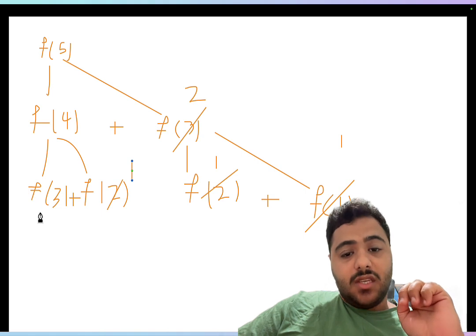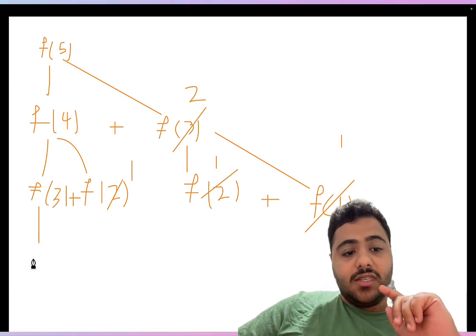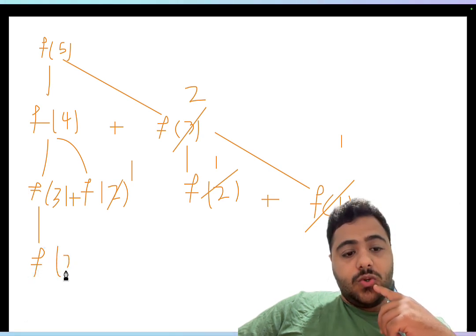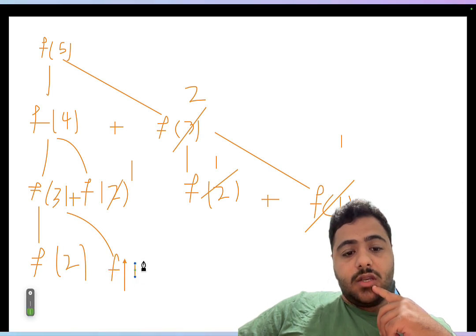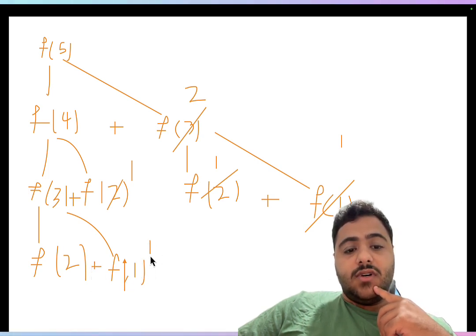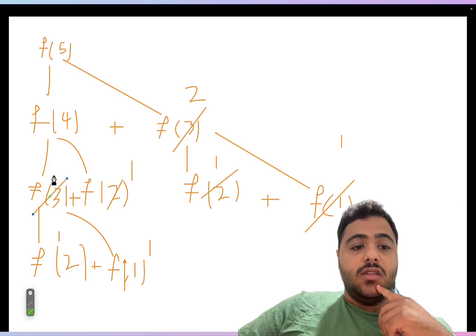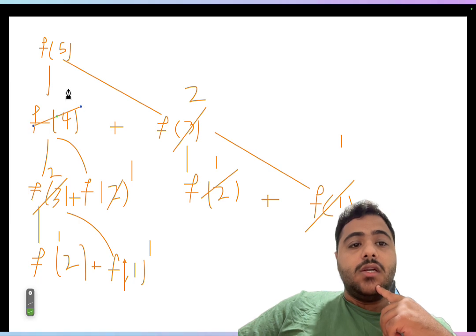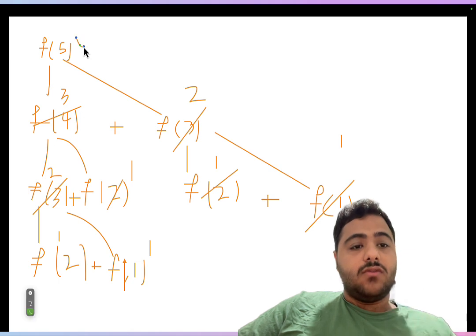So this is 1, but for this I need to calculate the Fibonacci of 2 and the Fibonacci of 1 and add them together, and it knows that this is 1 and this is 1, so it goes all the way up. 2 plus 1 is going to be 3, and 3 plus 2 is 5.